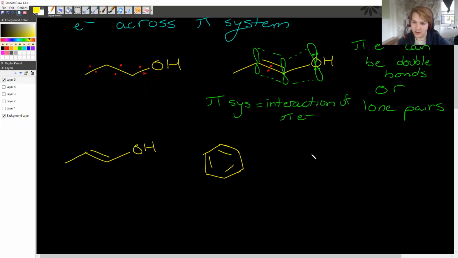That's all I want us to do. So we have this enol going on. We have this benzene ring. And then, I don't know, let's talk about our carboxylic acid, for example. Or carboxylate.